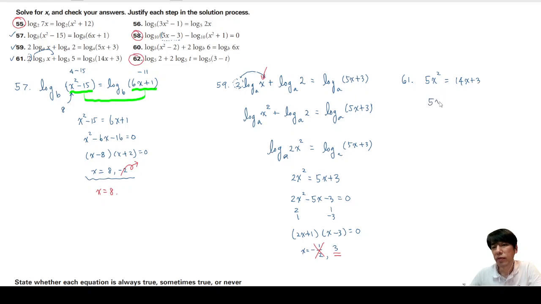So this is 5x squared minus 14x minus 3 is equal to 0. So you can factor it like this, 5, 1, 1, 3. This has to have a minus sign in front of it. So that's 5x plus 1, x minus 3 is equal to 0. So x is negative 1 over 5 or 3.